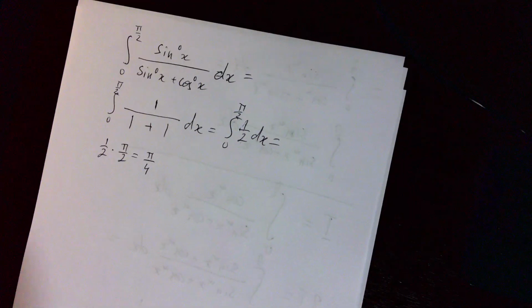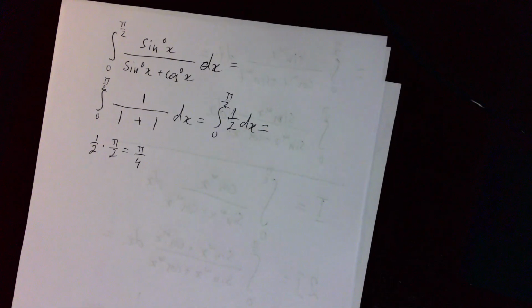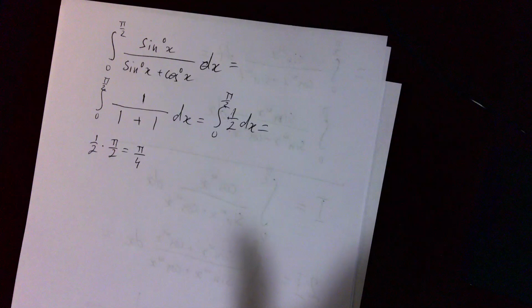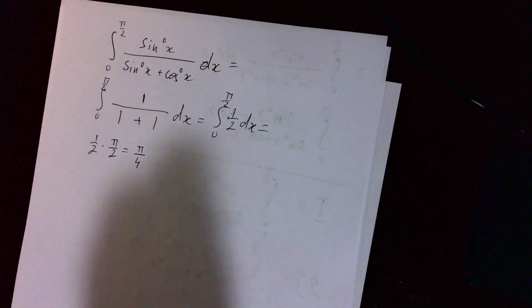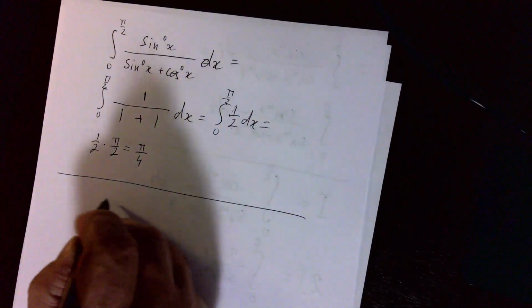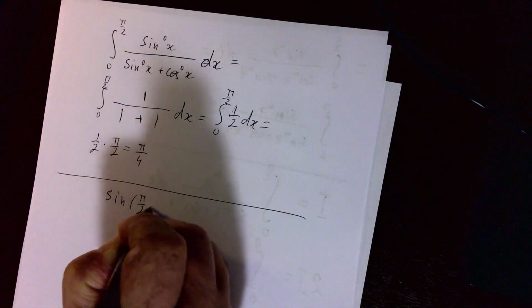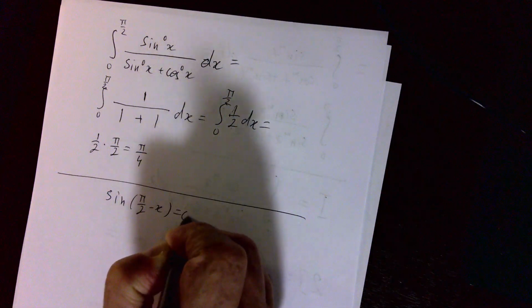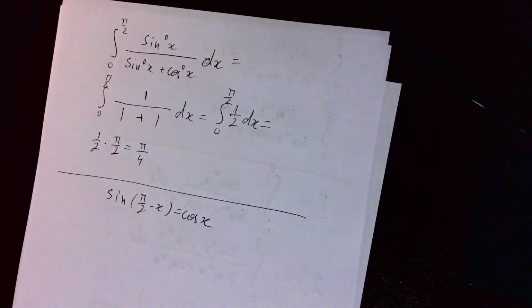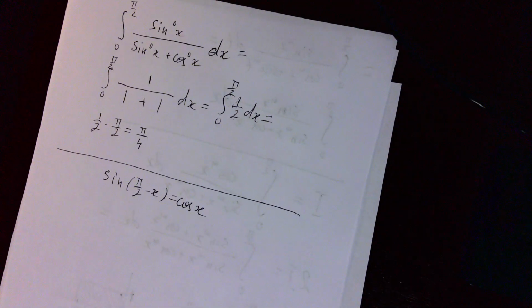But what's interesting here, the important thing that we use is the property that sine of pi over 2 minus x is cosine of x. Once we have this property, we can write similar integrals with other functions.